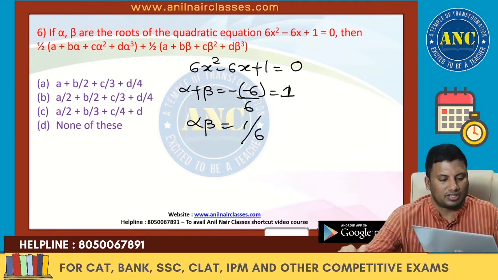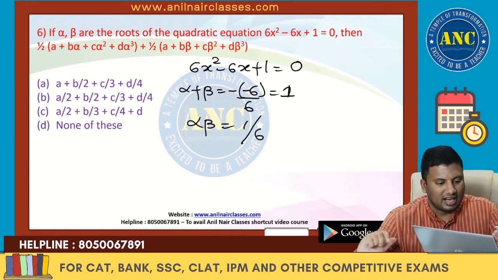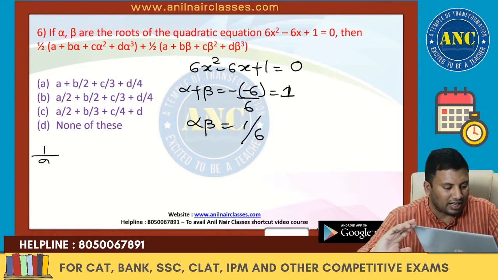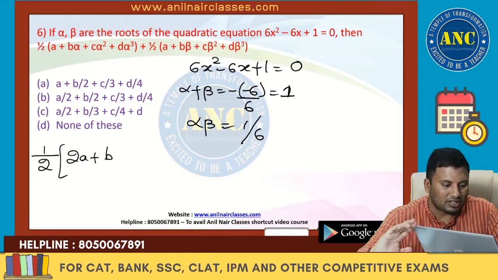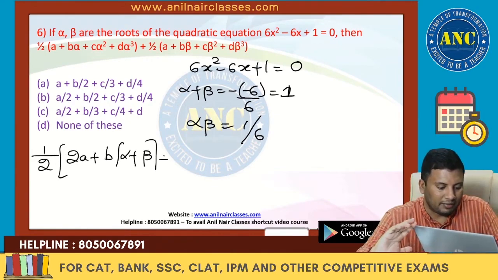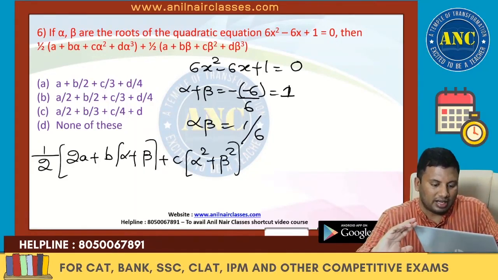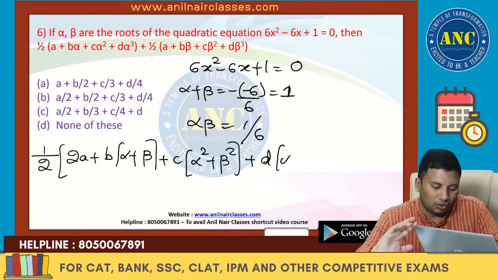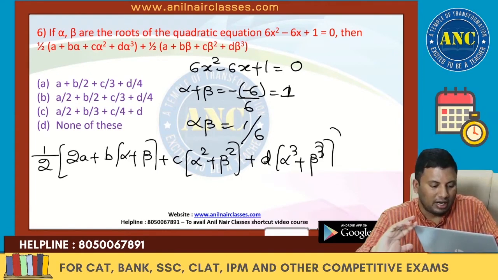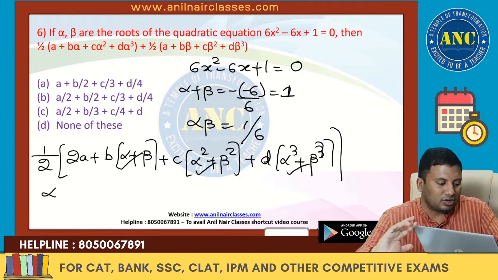Clearly in the equation I can see half of a plus a is 2a plus b into alpha plus beta, which I already have. C into alpha square plus beta square I need to determine. D into alpha cube plus beta cube I need to determine. That means this I know, this I need to determine, this I need to determine.